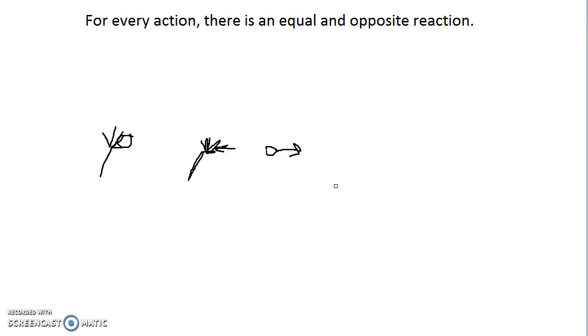The car will accelerate less because it has more mass, because of F equals ma, but it will experience the same force, just in the opposite direction. So again, that's really all it's saying: if you look at both objects in contact with each other, you're going to see the same magnitude of force, just pushing back on each other. A pair of forces.